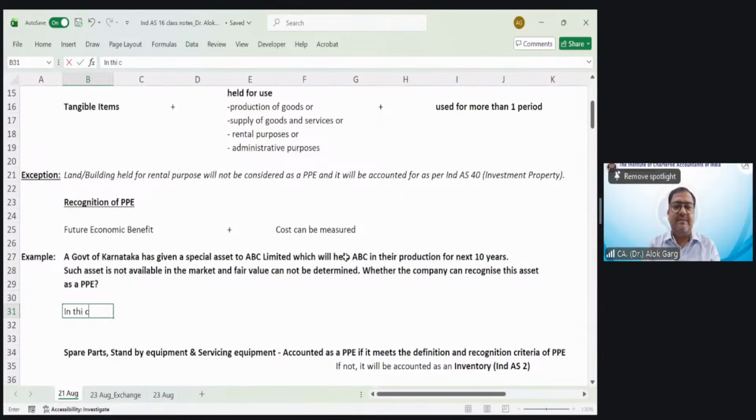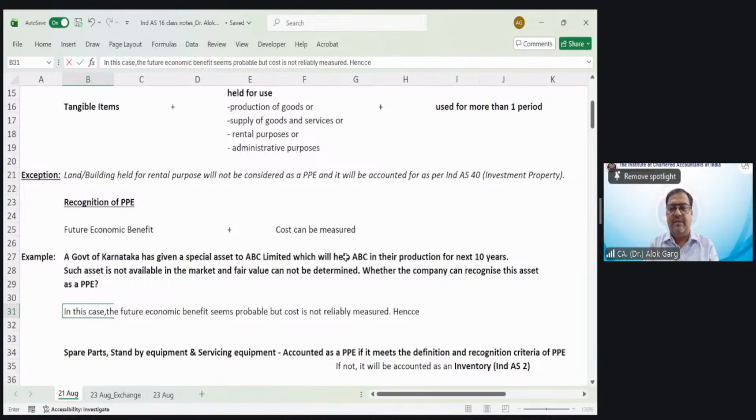In this case the future economic benefit seems probable, but cost is not reliably measured.